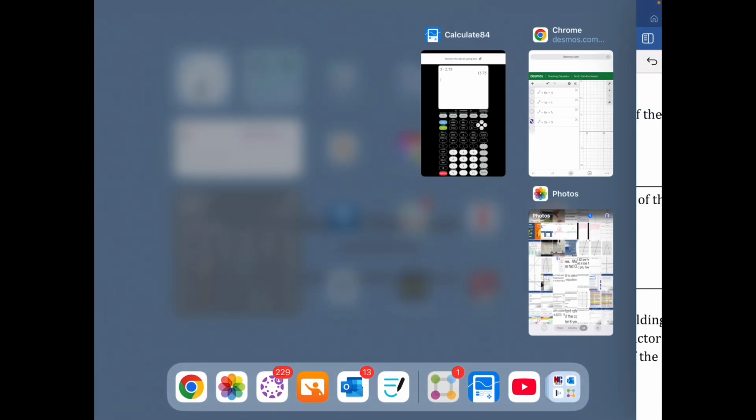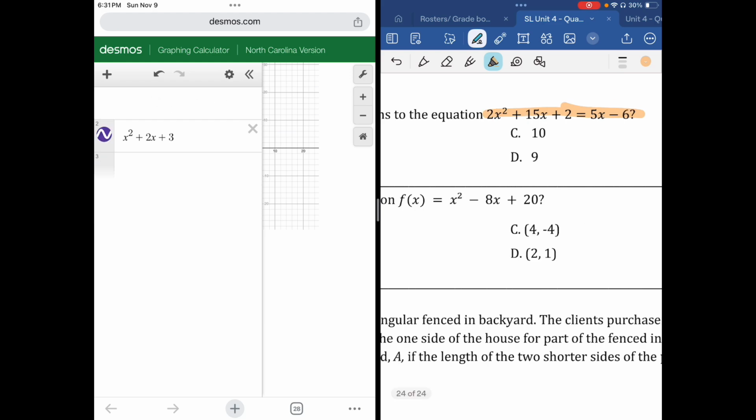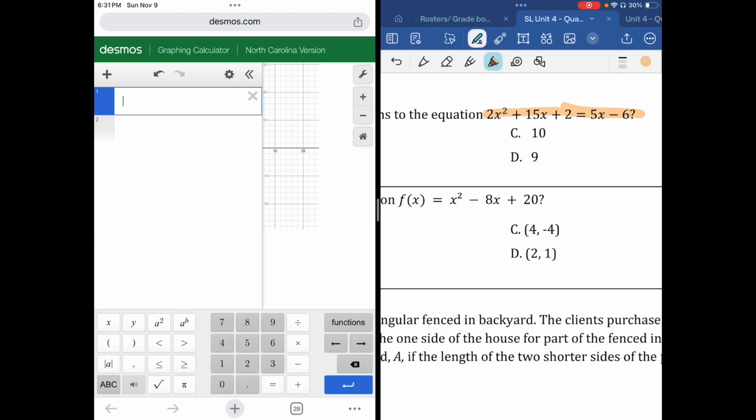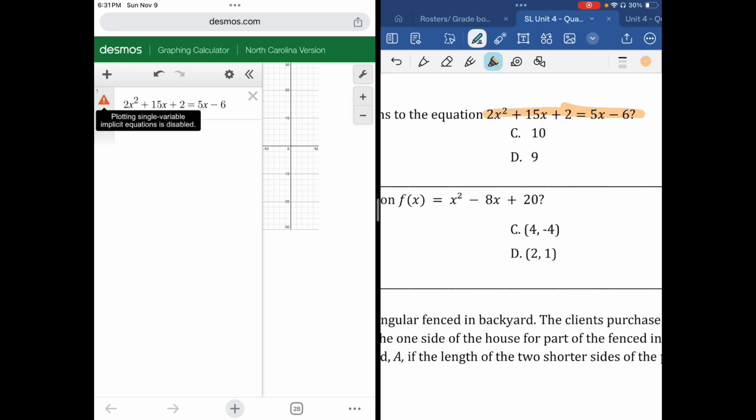If we put it straight into Desmos, 2x squared plus 15x plus 2 equals 5x minus 6, Desmos won't do it for us, especially with the North Carolina version, which will be the only Desmos you have when you take your CFA and your final exam, because we have variables on both sides of our equation.